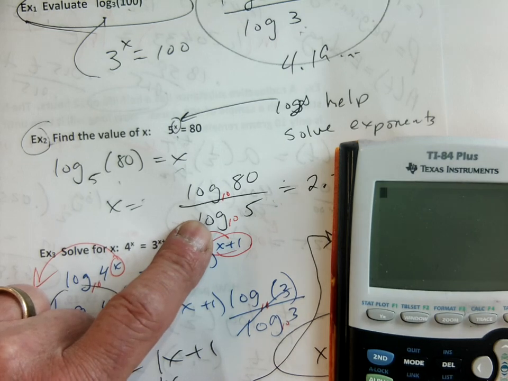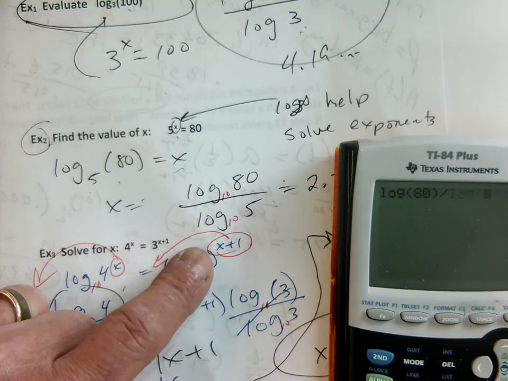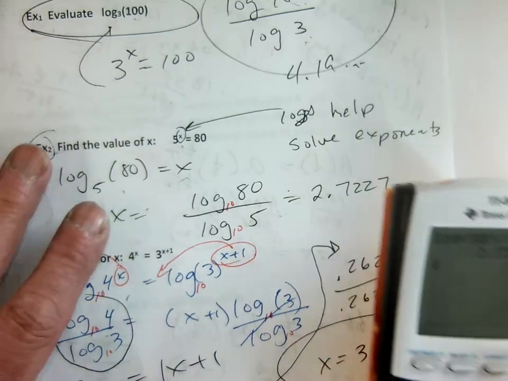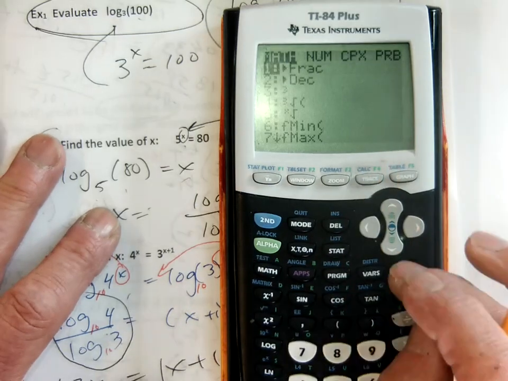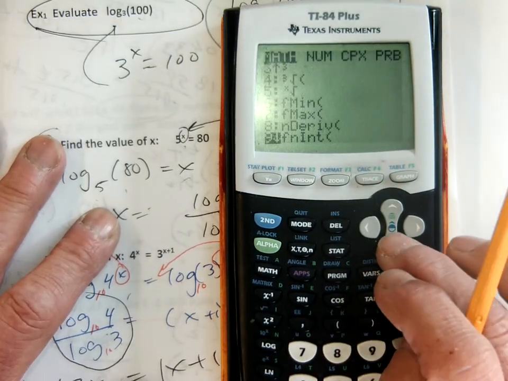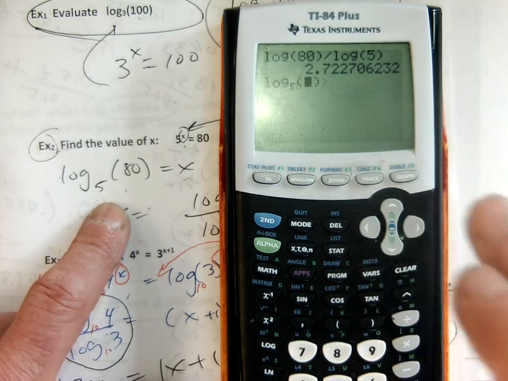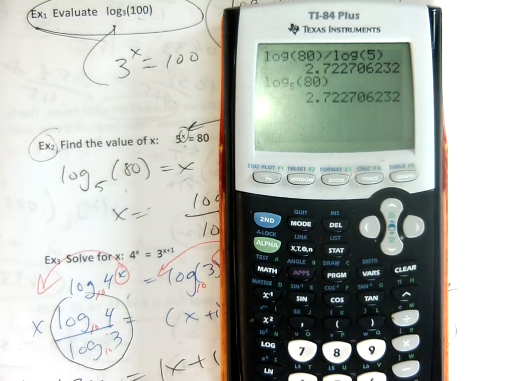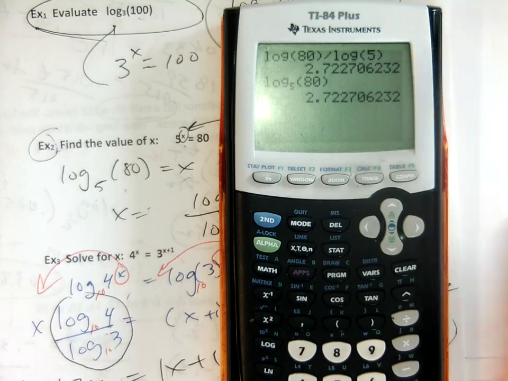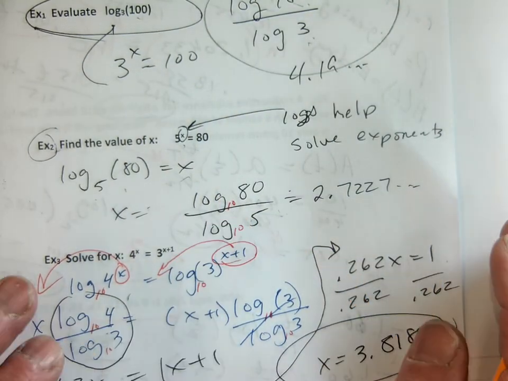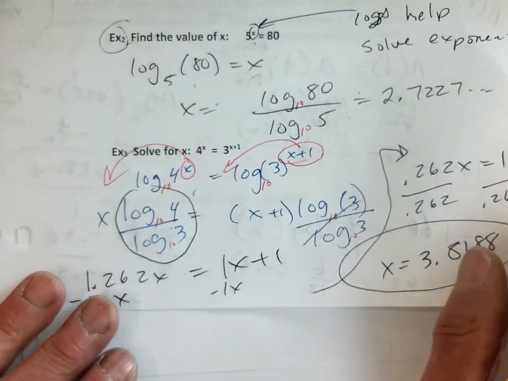Log 80 divided by log 5, and yeah, okay, there's the answer. Or we have our fancy calculator. If you have this fancy button, log base 5 of 80 gives the same answer. If you don't have a fancy calculator, you're going to have to do it the change of base way, or use a fancy calculator.